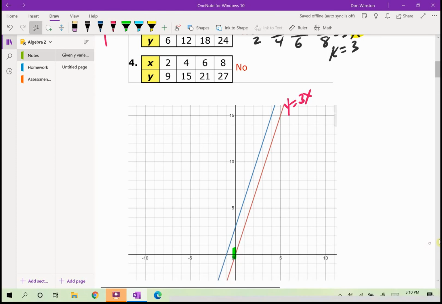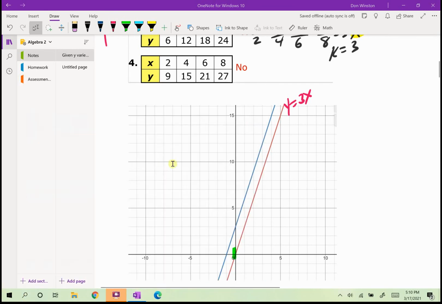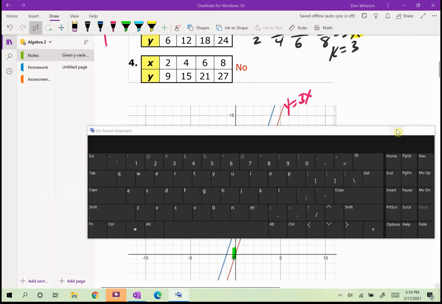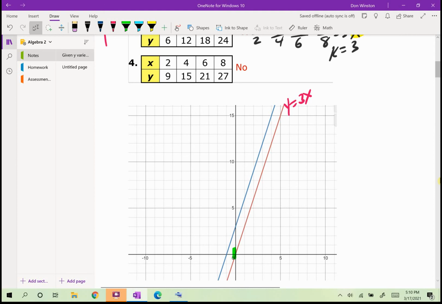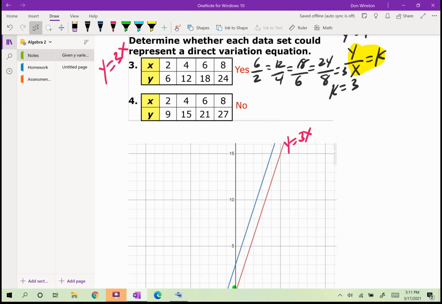So every direct variation equation is going to go through the origin, because the y-intercept b is 0. Or every time we take y and divide it by x, we'll get the same value. In this case, it was 3.